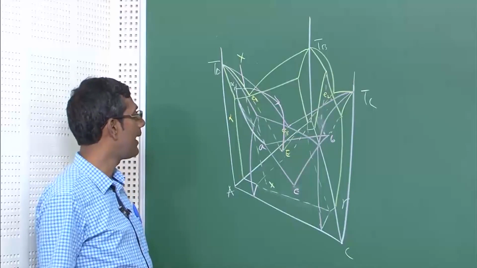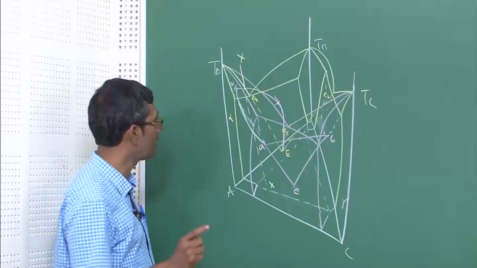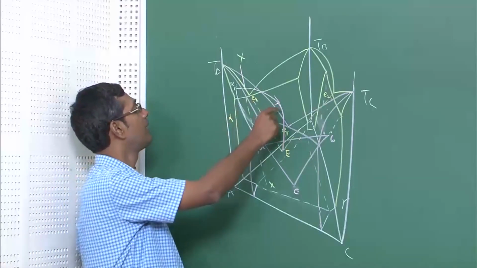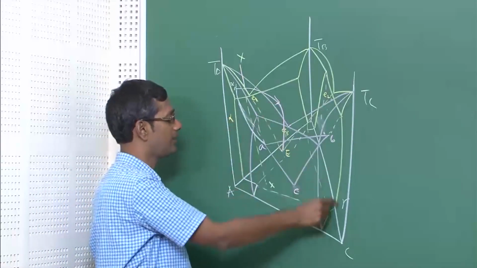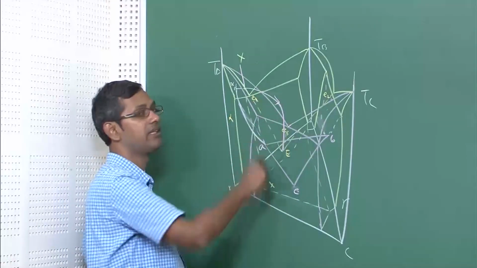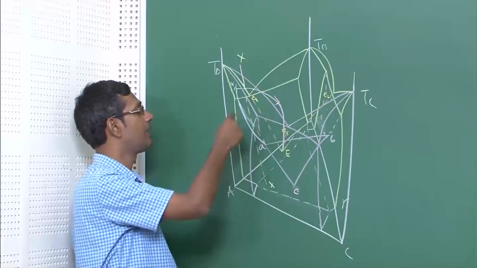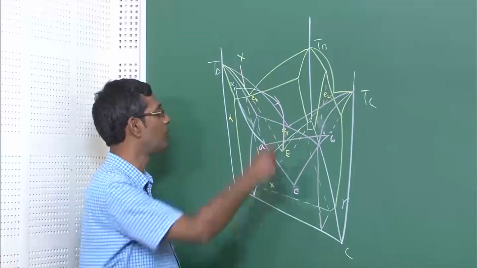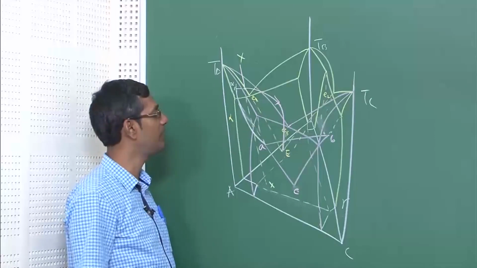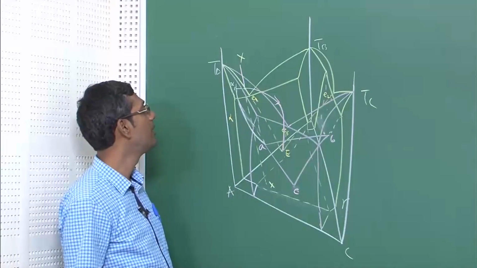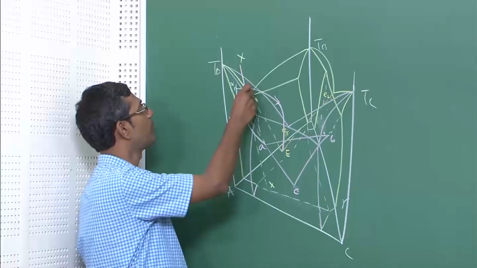And whenever, another important thing I should tell you, whenever it precipitates both alpha and gamma, there will be 3 phase equilibrium between alpha, gamma and the liquid, and that will look like a triangle inside these. I am not drawing it, this will make the picture very complicated and you will not be able to appreciate that. So, it is not difficult for you to understand.